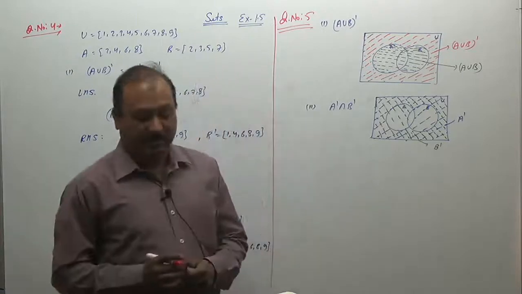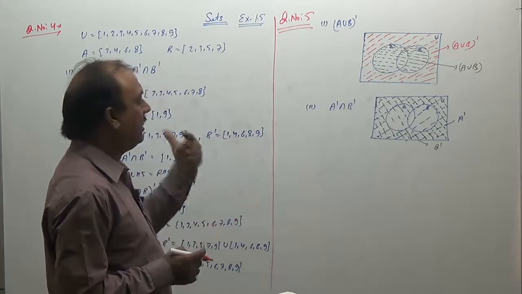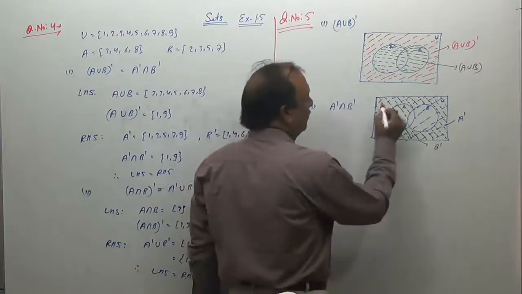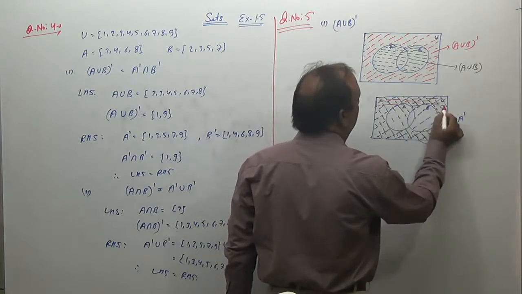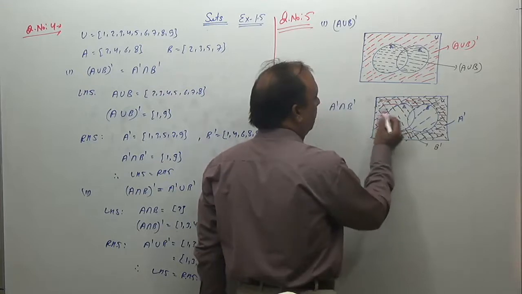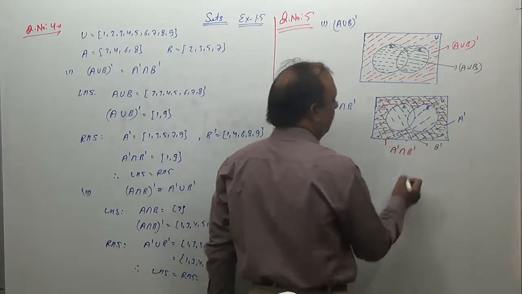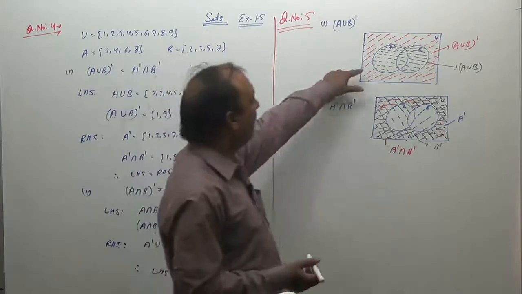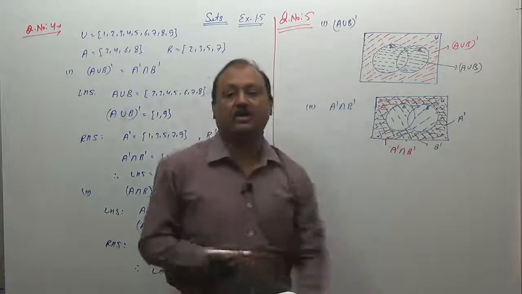Common means a shaded portion which contains the blue lines and black lines, जिसमें दोनों आ जाएं. तो ये वाला जो पोर्शन आप देख रहे हैं, जिसमें ब्लू और ब्लैक दोनों लाइन है, ये वाला पोर्शन इज कॉल्ड A complement intersection B complement. तो ये एक शेडेड पोर्शन है. और ये दोनों फिगर एक ही रीजन को रिप्रेजेंट कर रहे हैं, क्योंकि दोनों का मीनिंग एक ही है according to De Morgan's law.